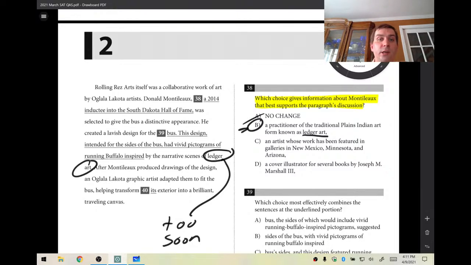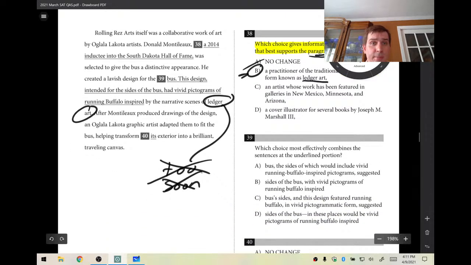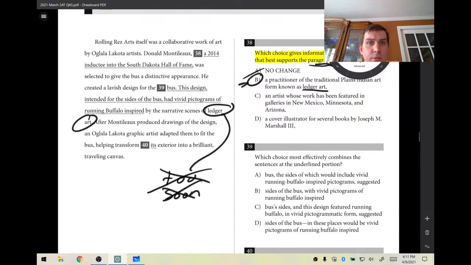So we'll put this here. Now we can talk about the ledger art. Now it's no longer too soon to be talking about this ledger art. We've introduced it. We know of it. Now we can talk about it. So that introduces information that is important to the paragraph. We need it.